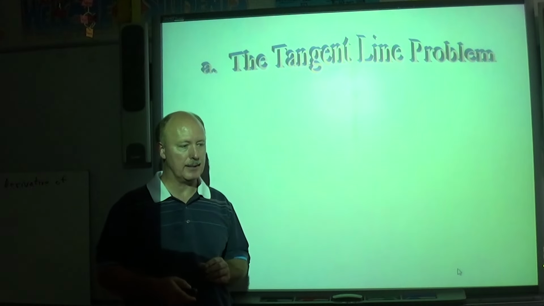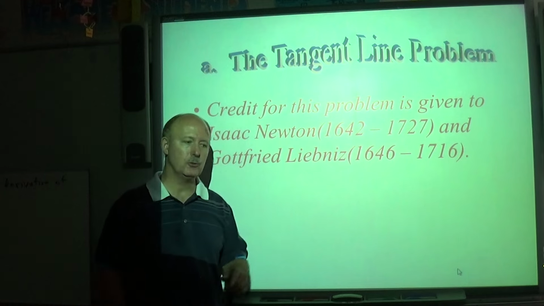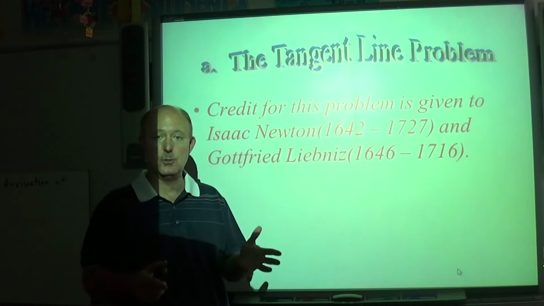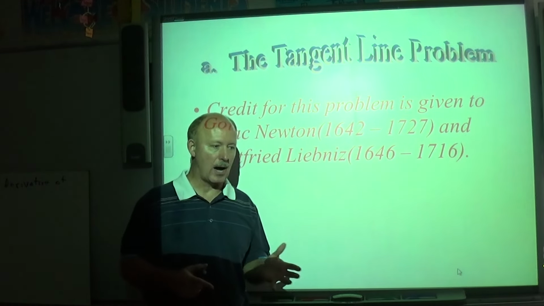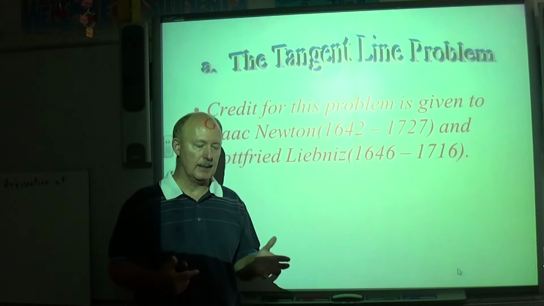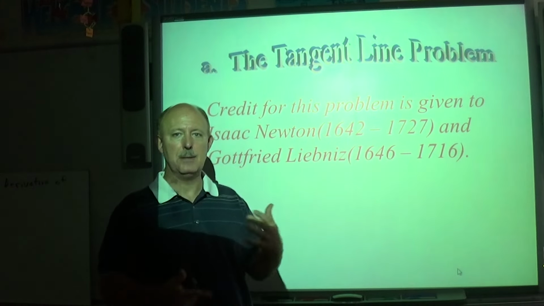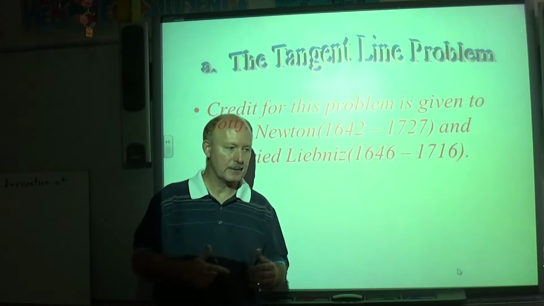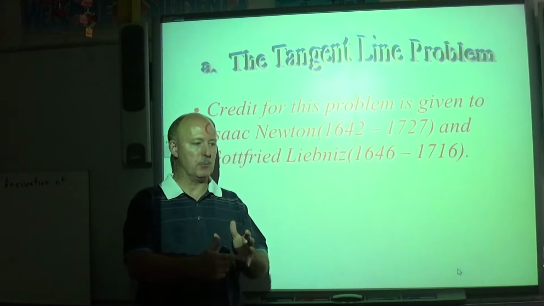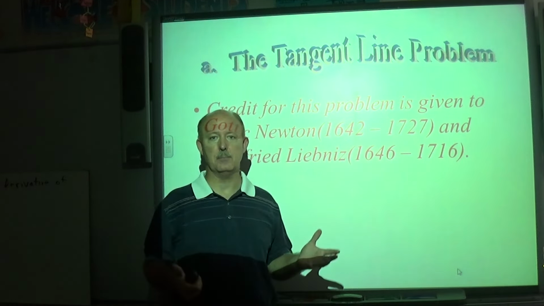A little bit about it. First of all, credit for the tangent line problem is given to Sir Isaac Newton from England and Gottfried Leibniz from Germany. And a little bit about the history. Back when these major developments in mathematics and science were going on, France, England, and Germany were very competitive about who got credit for some of these developments.